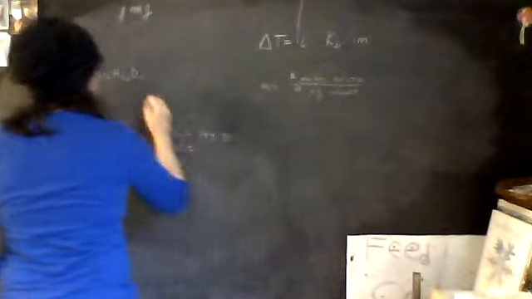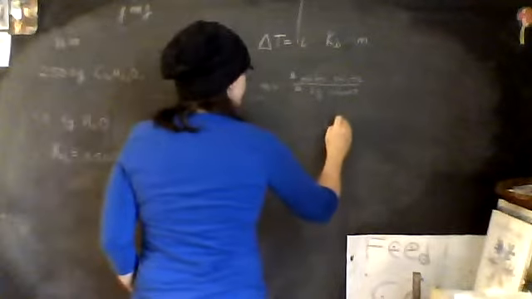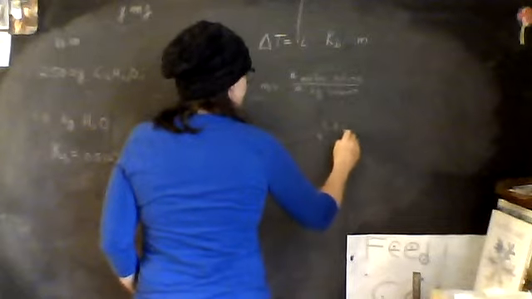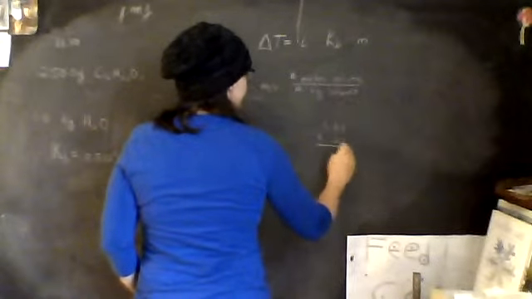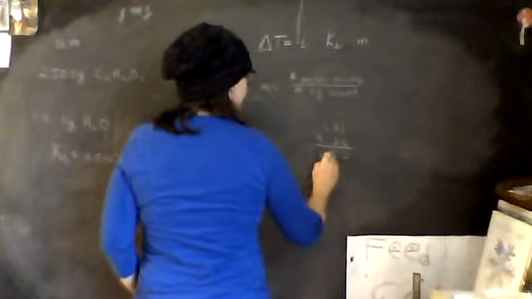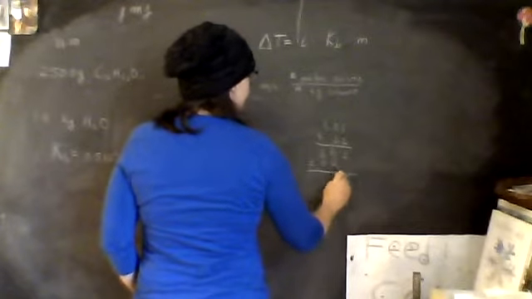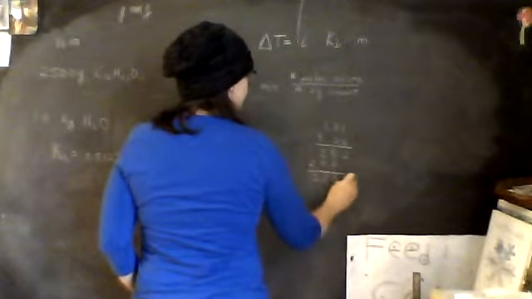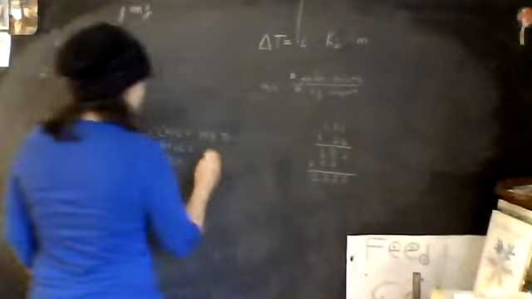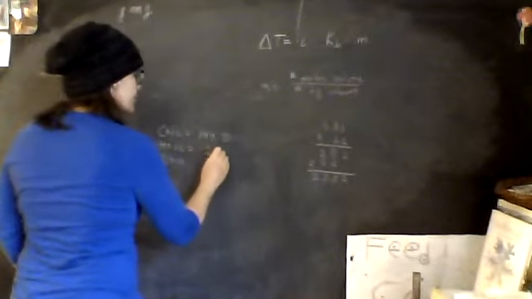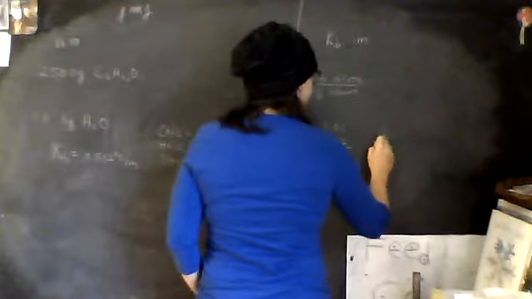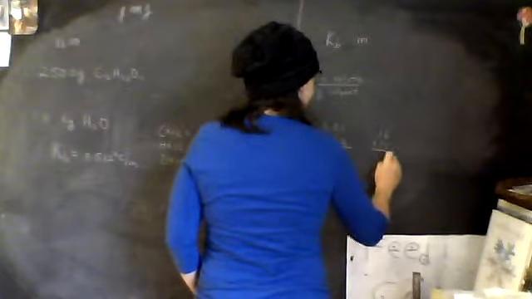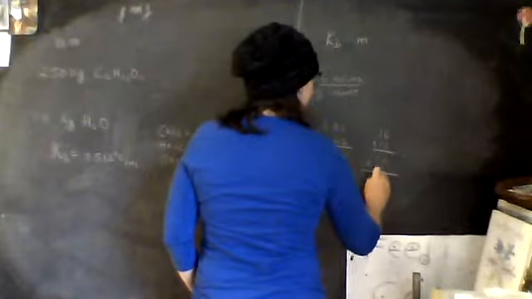Then hydrogen, 1.01 times 22, which is 22.22, and oxygen, 16 times 11, which is 176.